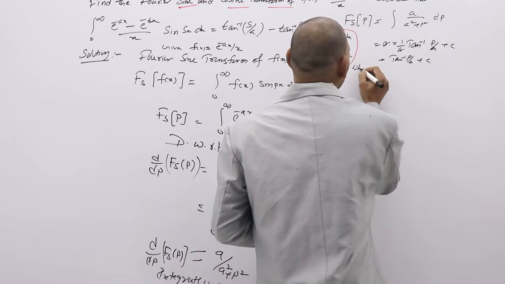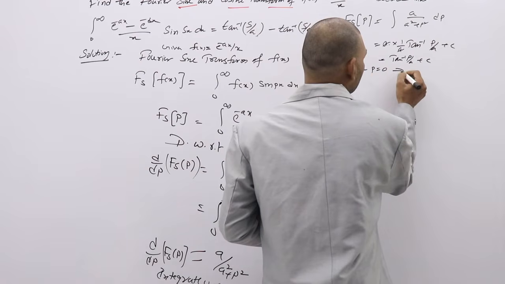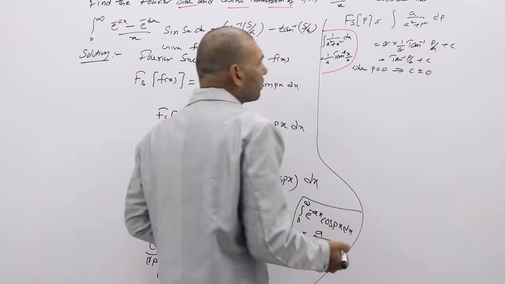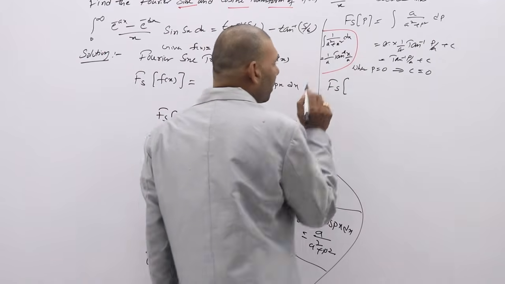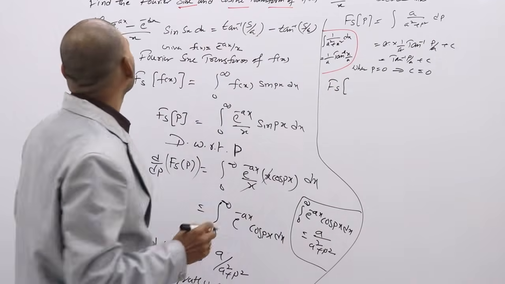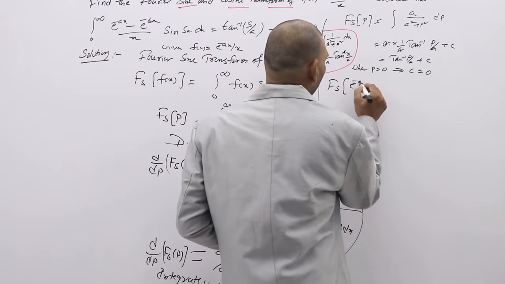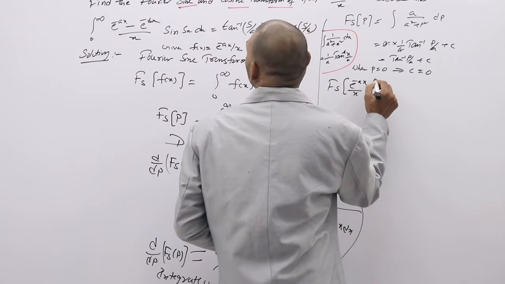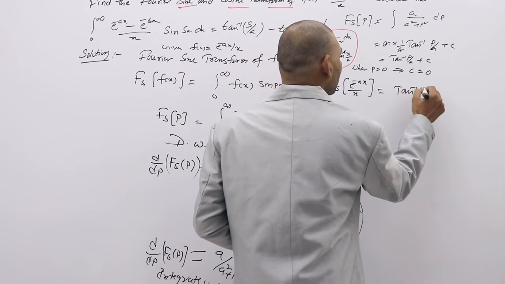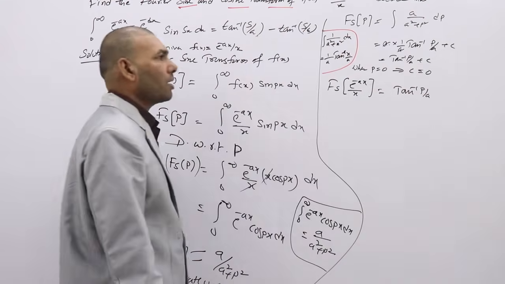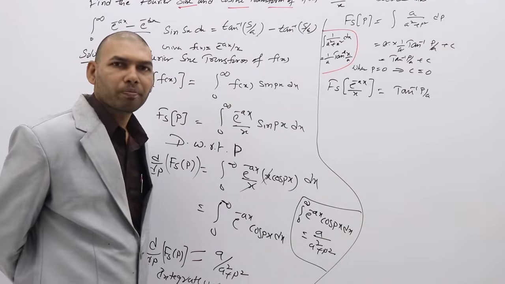But when p equal to 0, c becomes 0. That's why the Fourier sine transform of f of x, e power minus ax by x, is equal to tan inverse p by a, or tan inverse s by a.